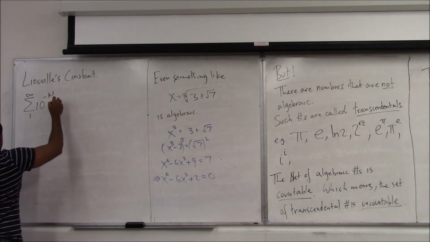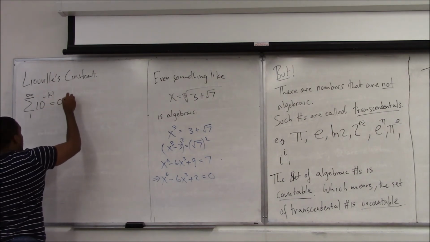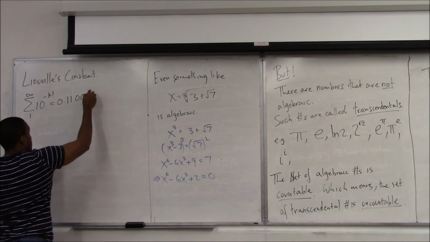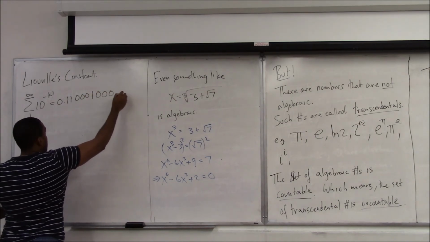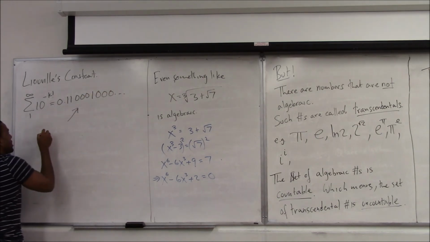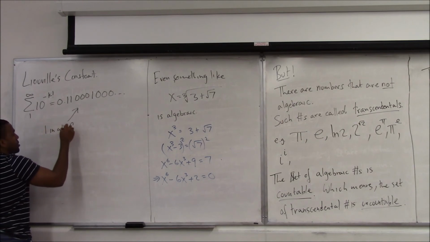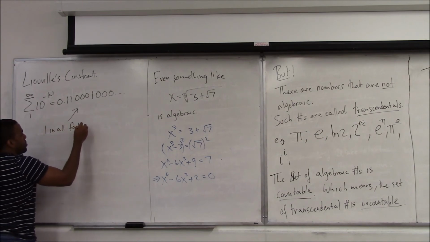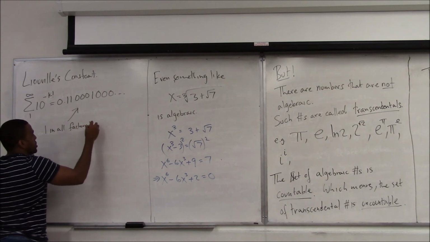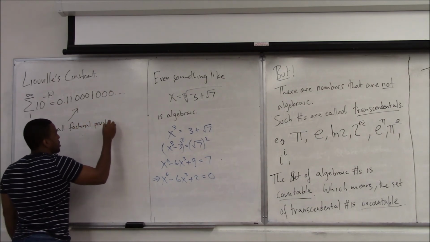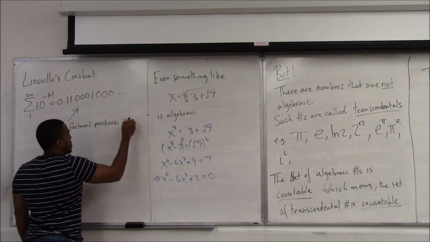So this is going to be 0.1100010000... Basically, the idea is it has a 1 in all factorial positions, zeros otherwise.